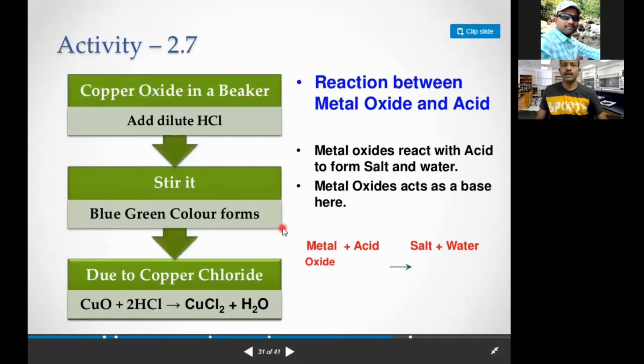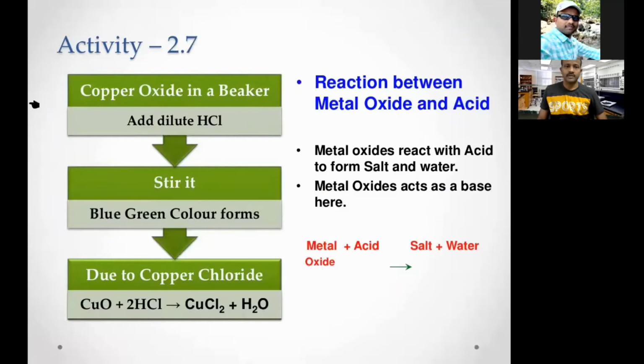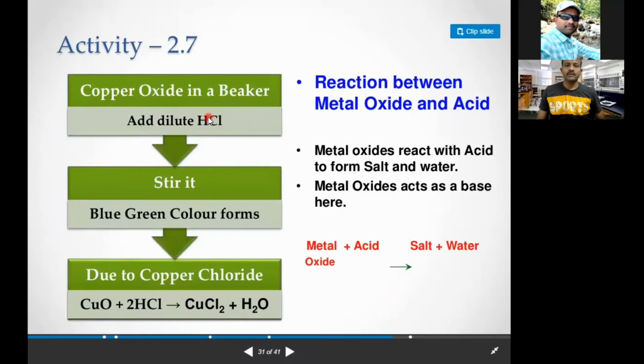Next, activity 2.7. Here we take copper oxide, CuO, in a beaker and add dilute HCl. We stir it. The copper oxide reacts with the HCl, and a blue-green color forms due to the formation of CuCl2.